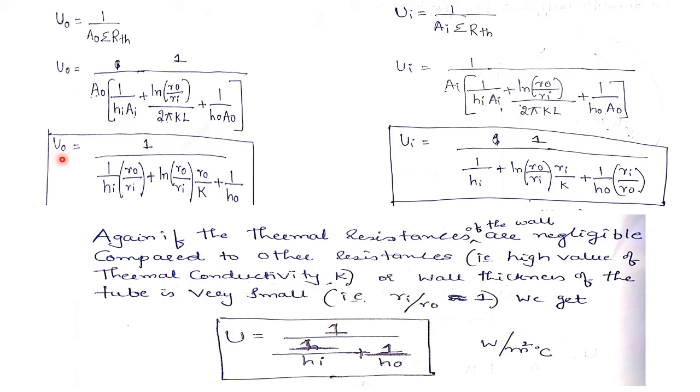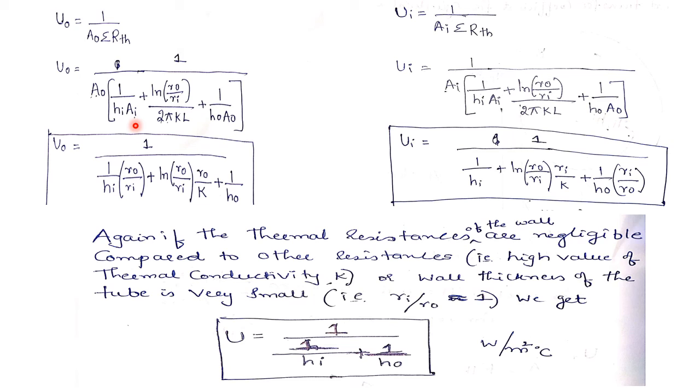So here U0 is equal to 1 divided by, so for each and every term it is multiplied by A0. So here A0 divided by Ai, where A0 is given by 2 pi R0 into L and Ai is given by 2 pi Ri into L. So the 2 pi L and 2 pi L terms get cancelled in the numerator and the denominator.